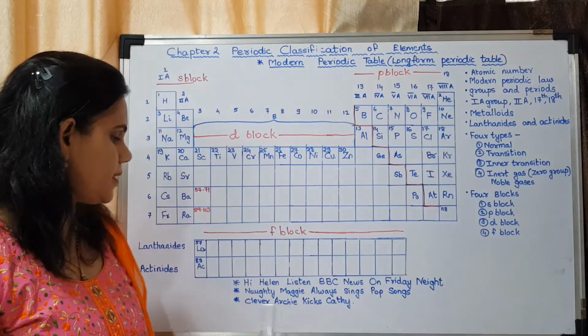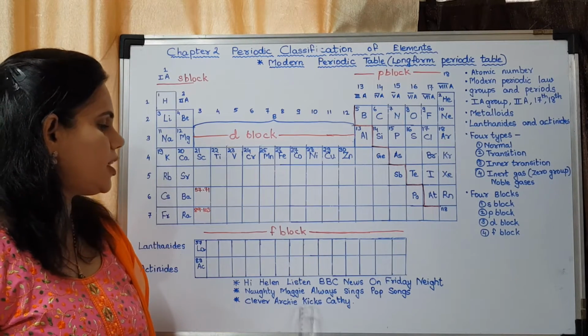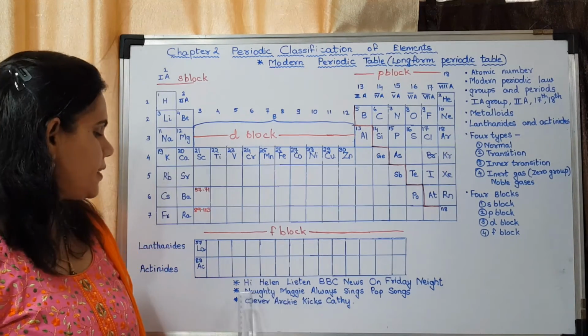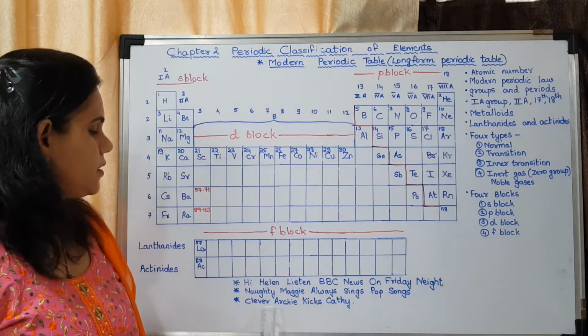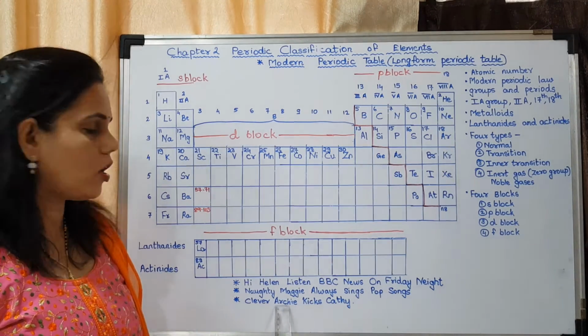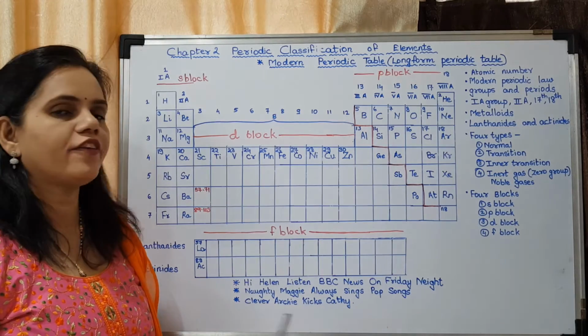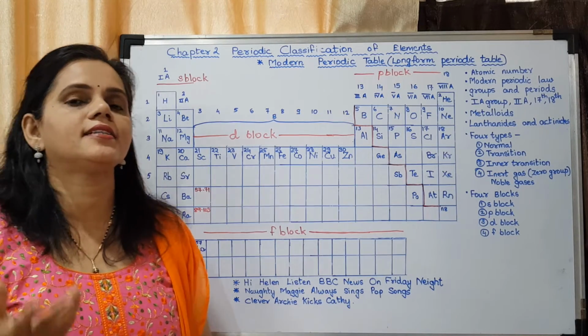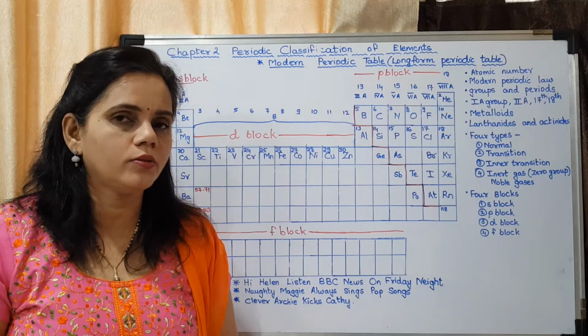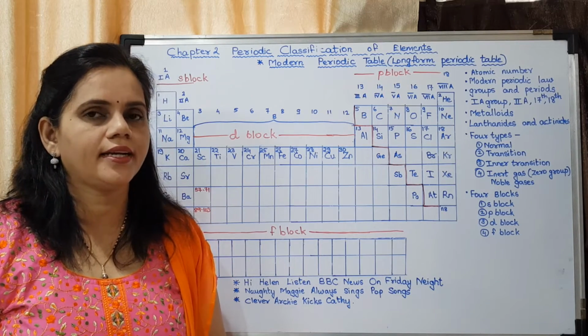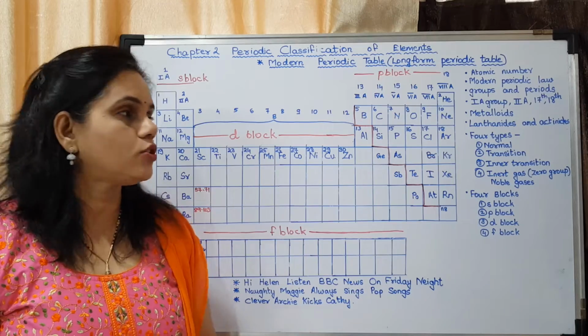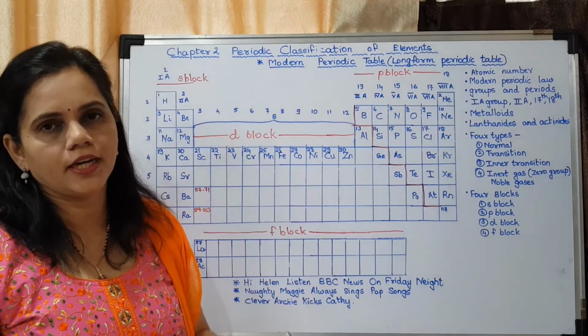The remaining you may see: Clever Archie kicks Kathy. Clever is chlorine, Archie is argon, K is potassium, Ca is calcium. So these are some phrases which might help you to learn the first 20 elements. Hope you have understood the modern periodic table.